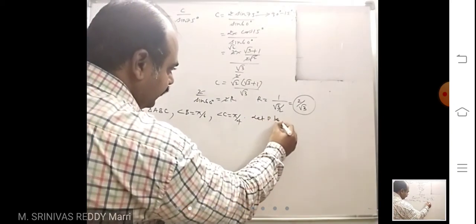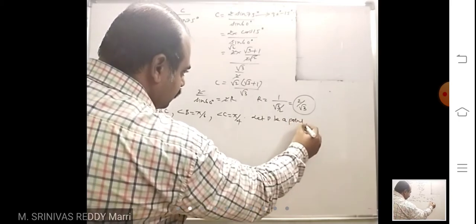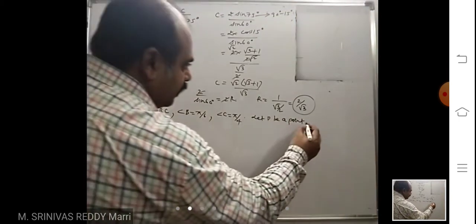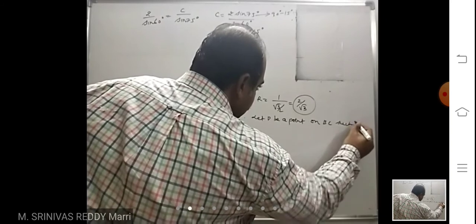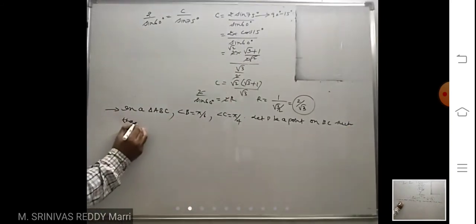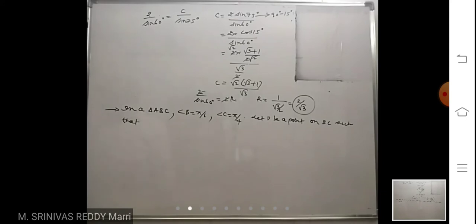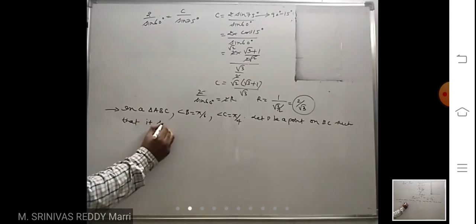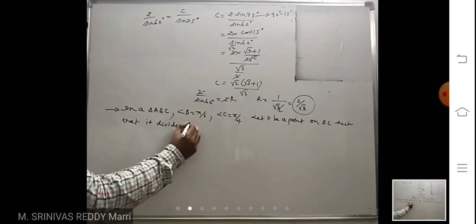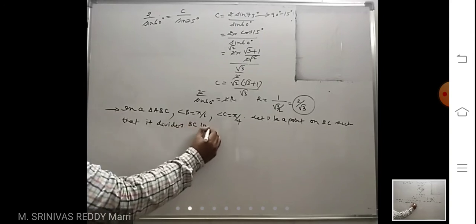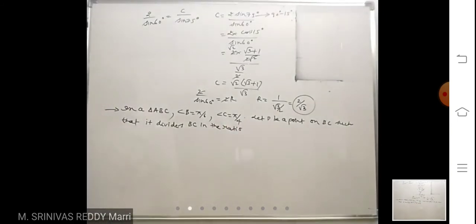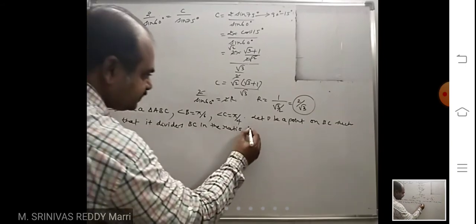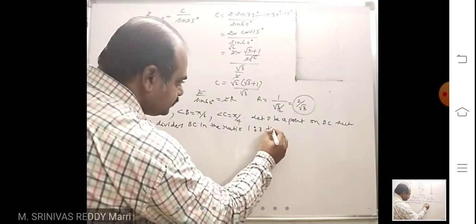Let D be a point on BC such that it divides BC in the ratio 1:3.